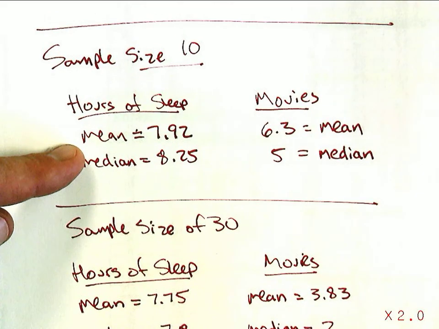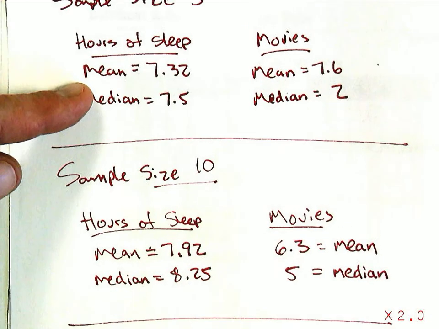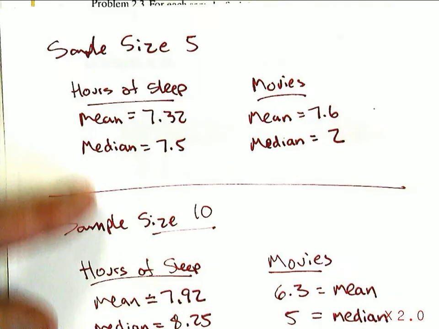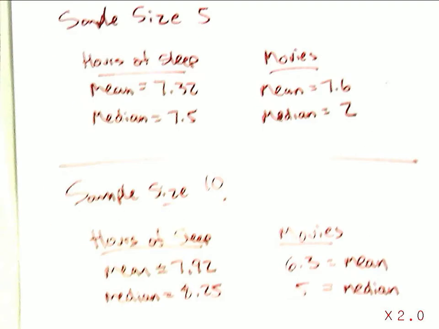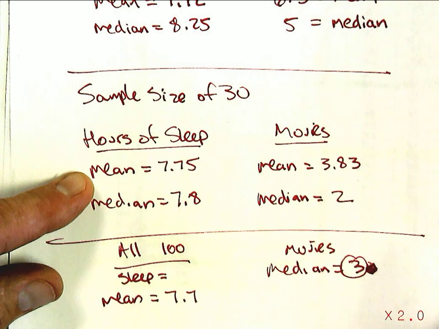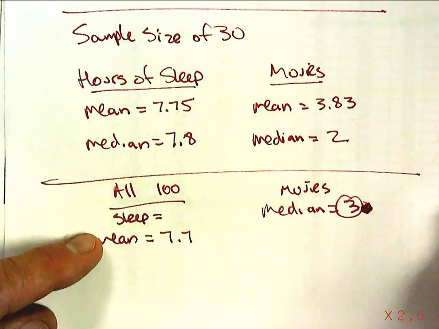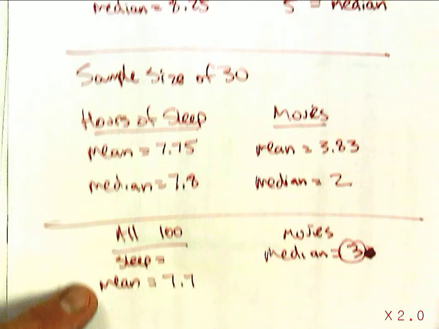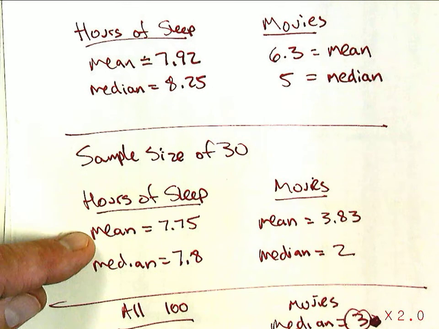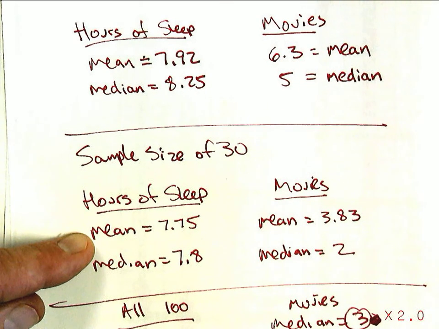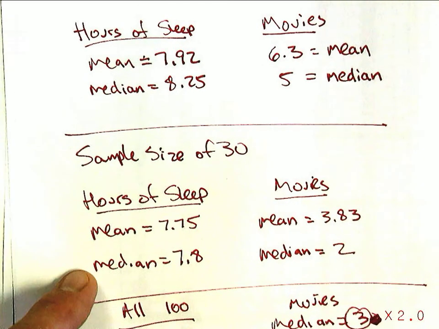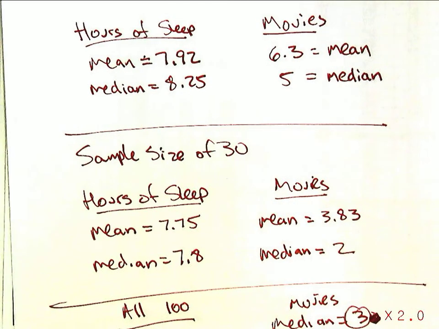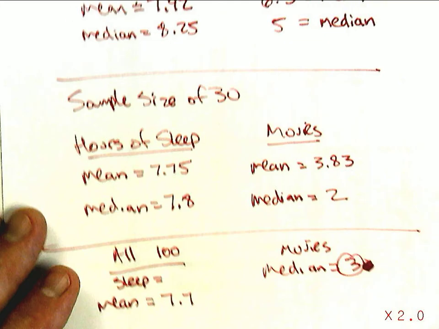I got 7.9 in my sample size of 10, and I got 7.32 in my sample size of 5. So did I need to do a sample size of 30? Was that more than necessary to get a good indication for that? It would be interesting to go back and actually find the mean number of hours of sleep and the median number of hours of sleep and the mean number of movies watched and see how those follow.